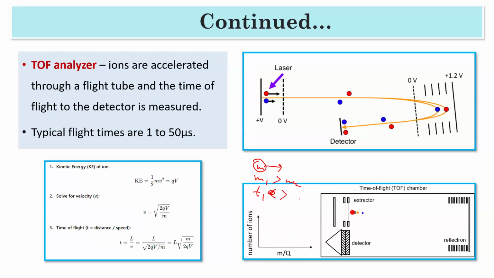If mass is higher, it will take longer time. And if mass is less, it will take lesser time. So you can just know, okay, this mass has been detected.